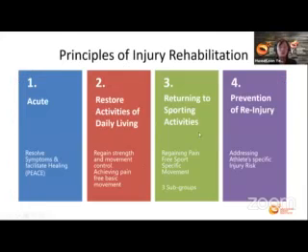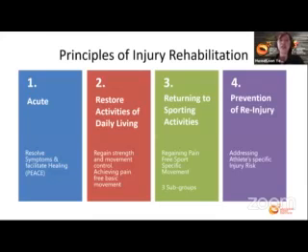Now let's look at the principles of injury rehabilitation. We break it up into 4 different phases. You may Google injury rehabilitation, and some websites provide you with 3 phases.